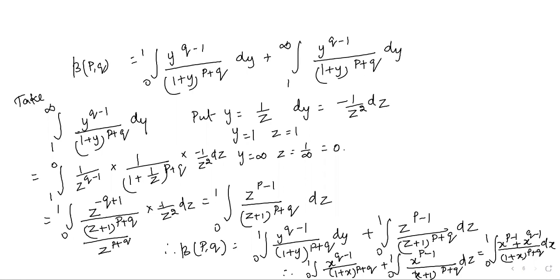Now let us see the next problem. So using the beta function, let us see how to evaluate the other integral. Express the following integral in terms of the gamma function.